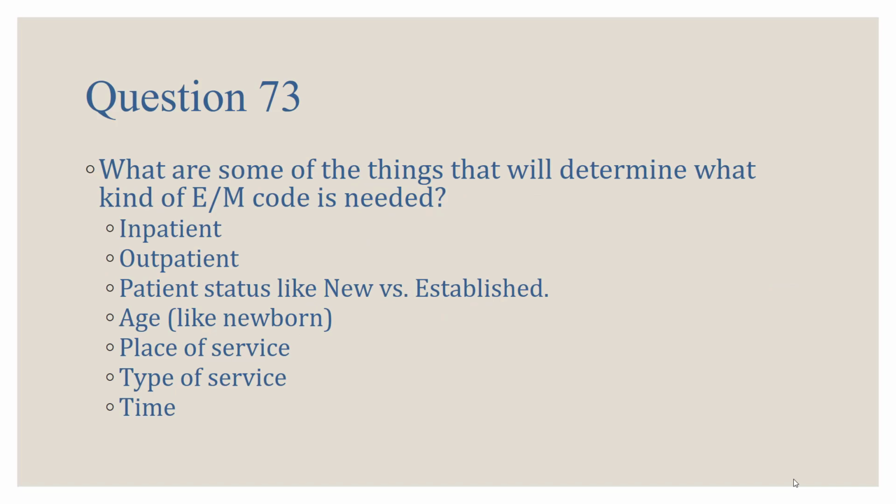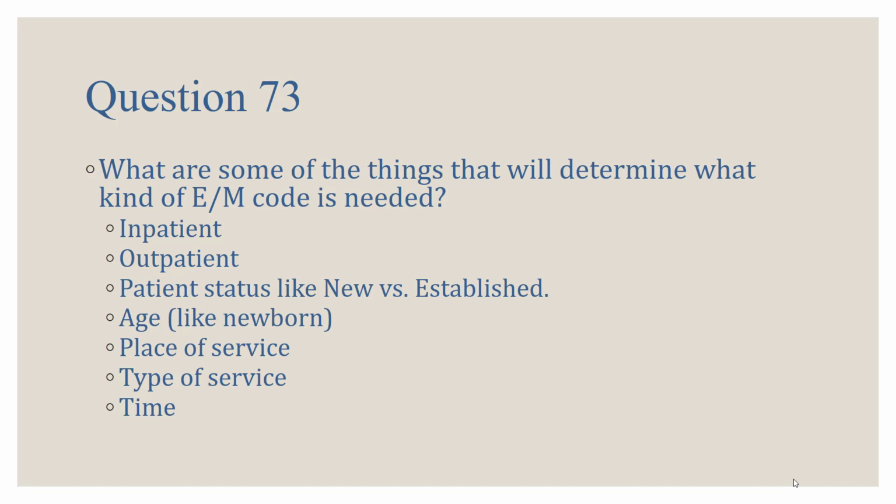Question 73. What are some of the things that will determine what kind of E&M code is needed? Well, you need to know if someone's an inpatient or an outpatient. Patient status can make a difference, such as are they a new patient, an established patient. The age of the patient might make a difference, like newborns and preventative medicine codes.